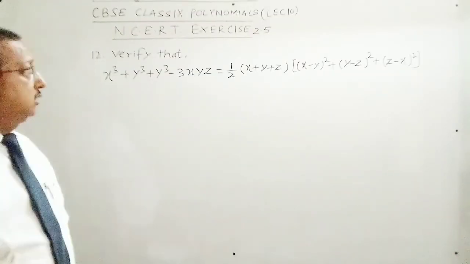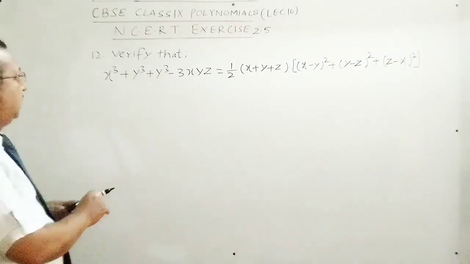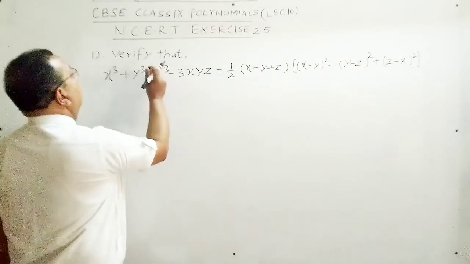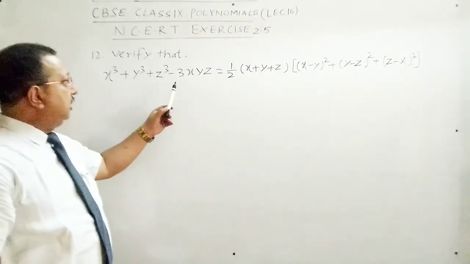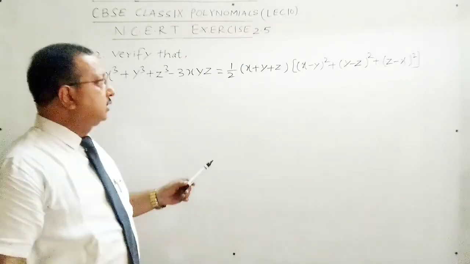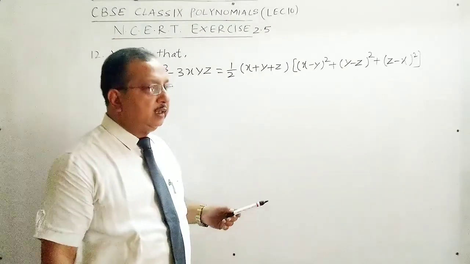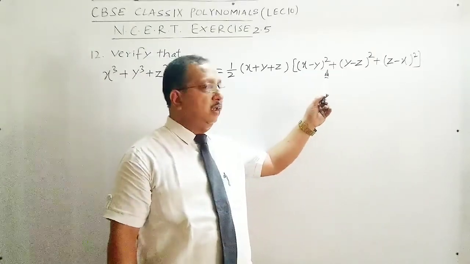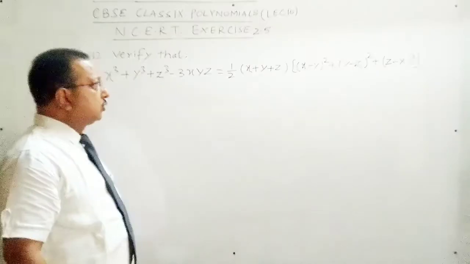Next question is, verify that x cube plus y cube plus z cube minus 3xyz equals half x plus y plus z in the next bracket x minus y whole square plus y minus z whole square plus z minus x whole square.